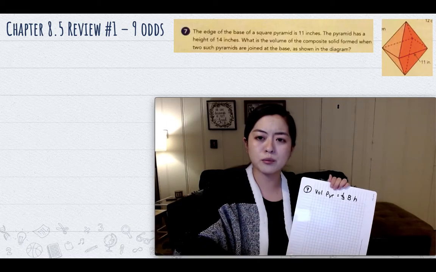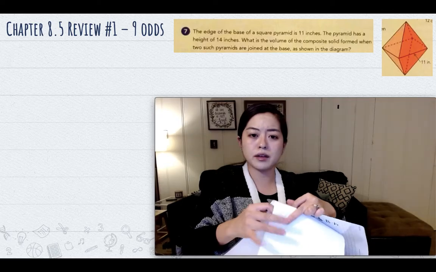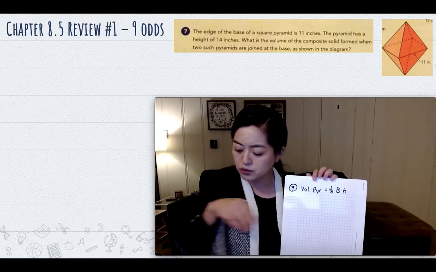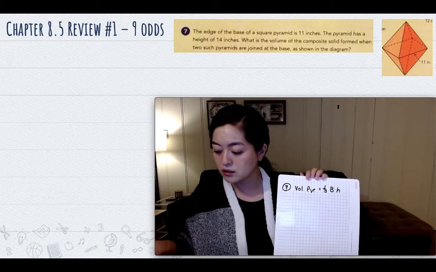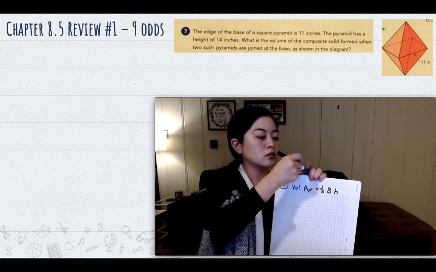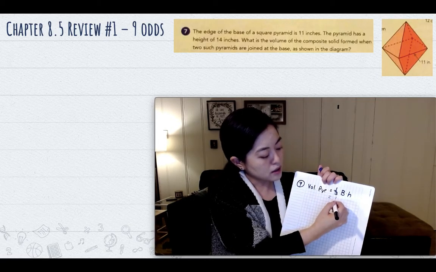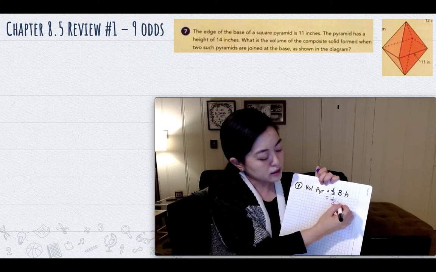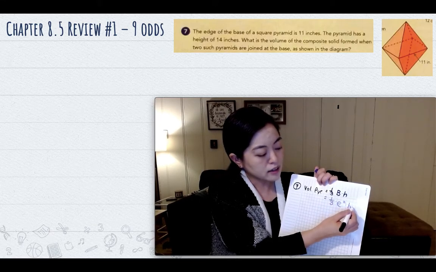So how do I find the base? Well, to find the area of the base, I have to do e squared. So this will be 1/3 times e, which is the edge of the base, squared times the height.